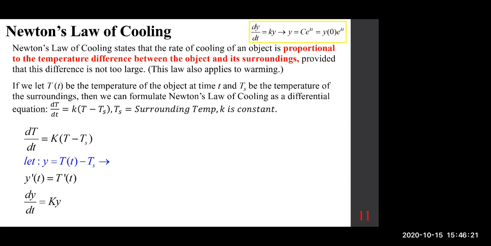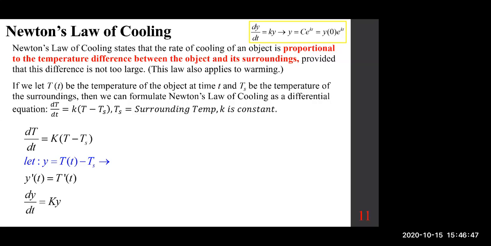So if we let capital T of t, capital T represents the temperature, lowercase t represents the time, capital T of t be the temperature of the object at time t, and T sub S be the temperature of the surroundings, then we can formulate what we call Newton's law of cooling, okay?